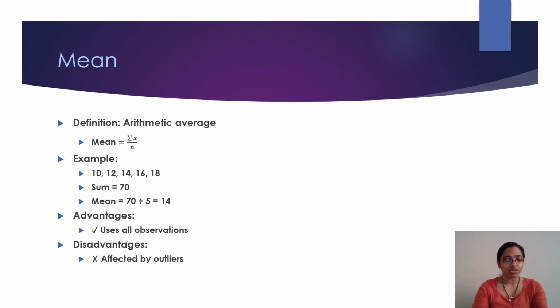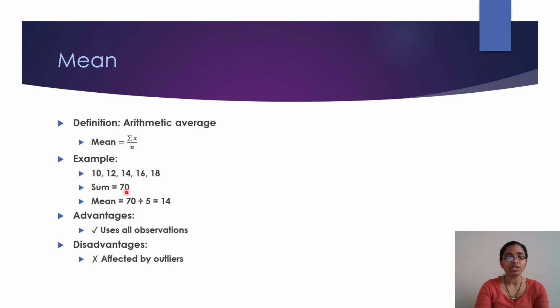So let's see what is mean. To calculate it, we add all the observations and divide. As I said, mean is the arithmetic average, and to calculate it, we add all the observations and divide it by the number of observations. For example, we have this data: 10, 12, 14, 16, and 18.